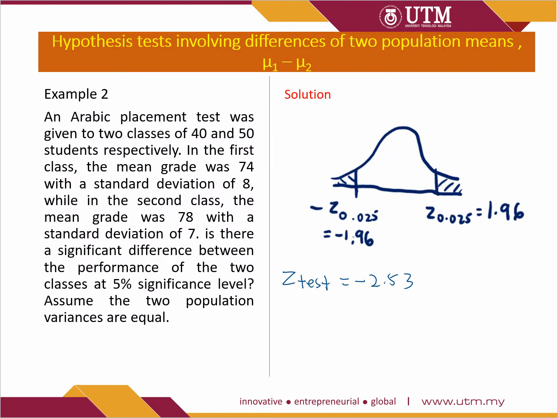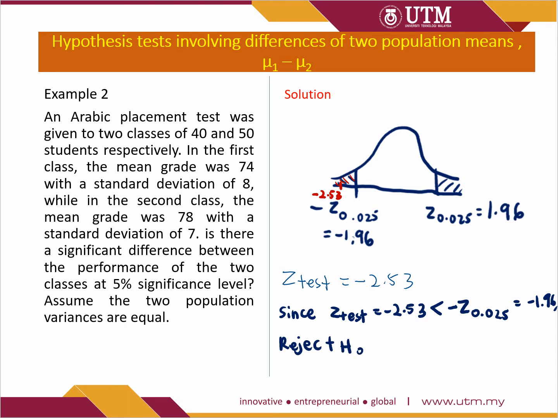And from the previous solution, we have the z-test equal to negative 2.53, meaning that negative 2.53 lies in this area, which means that it is in the rejection area. So since our z-test, which is negative 2.53, is less than negative Z 0.025, which is negative 1.96, we can reject H naught.